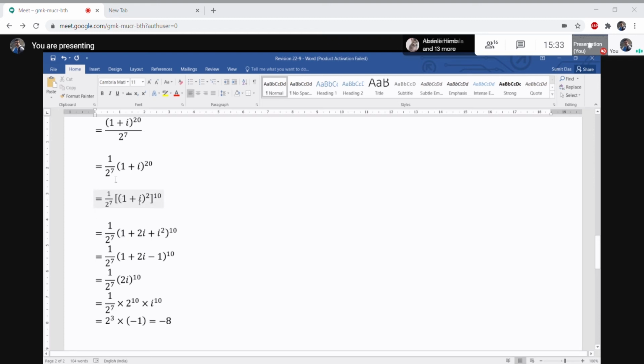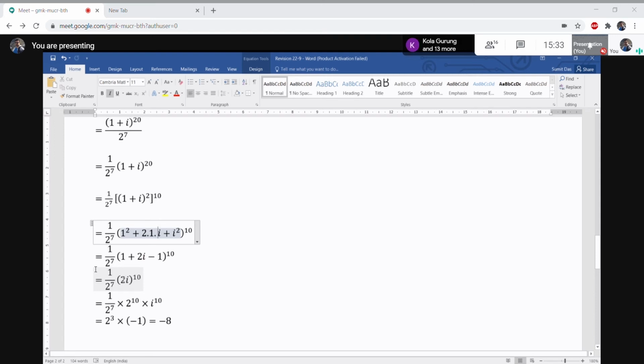(1 plus i) whole square, using the (a plus b) whole square formula: a square plus 2ab plus b square. So you can see a square is 1 square, which is 1; 2ab is 2i; and i square is minus 1. So 1 and minus 1 will cancel, and next line it will be only 2i.